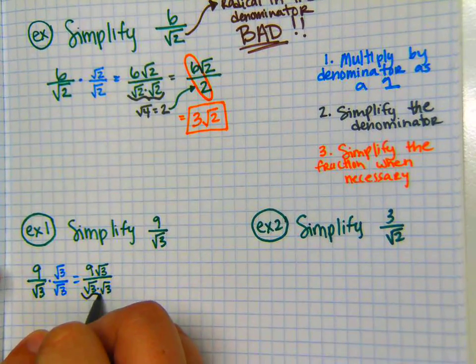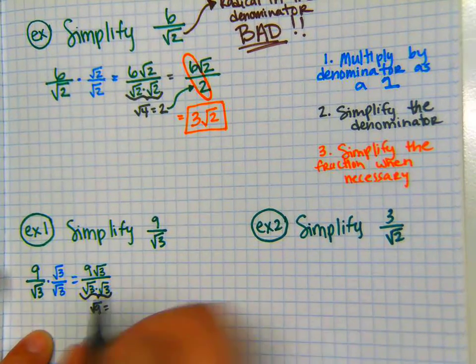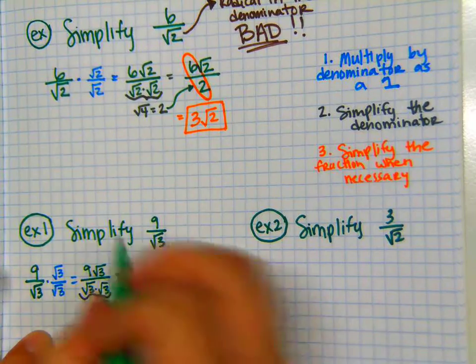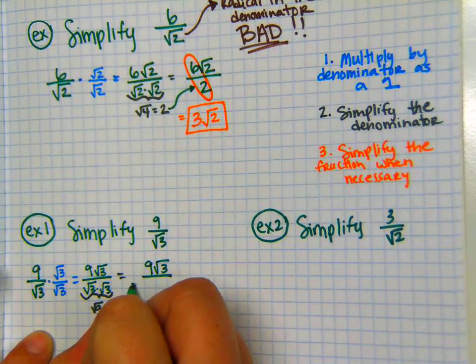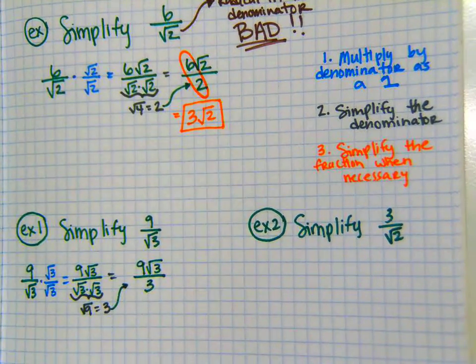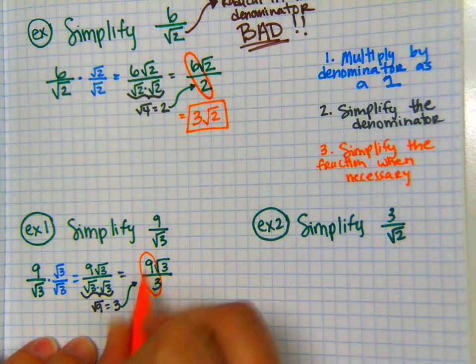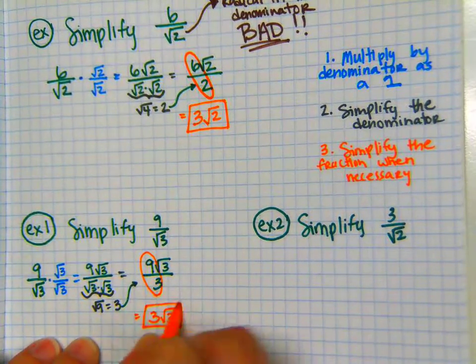Right here, this becomes root 9, which we know the square root of 9 is 3. So now we get 9 root 3 all over 3. And we can simplify 9 over 3. 9 over 3 is 3. Bring down that root 3. So we get 3 root 3.